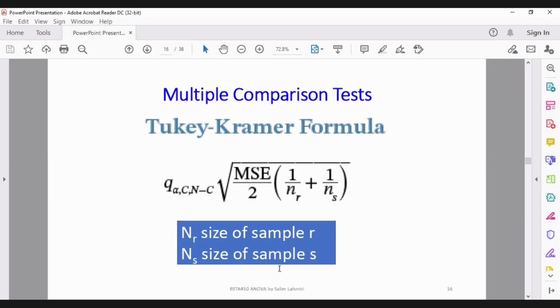So the Tukey-Cramer statistic is Q multiplied by the root of MSE multiplied by 1 over n_r plus 1 over n_s, where n_r is the size of sample r and n_s is the size of sample s.